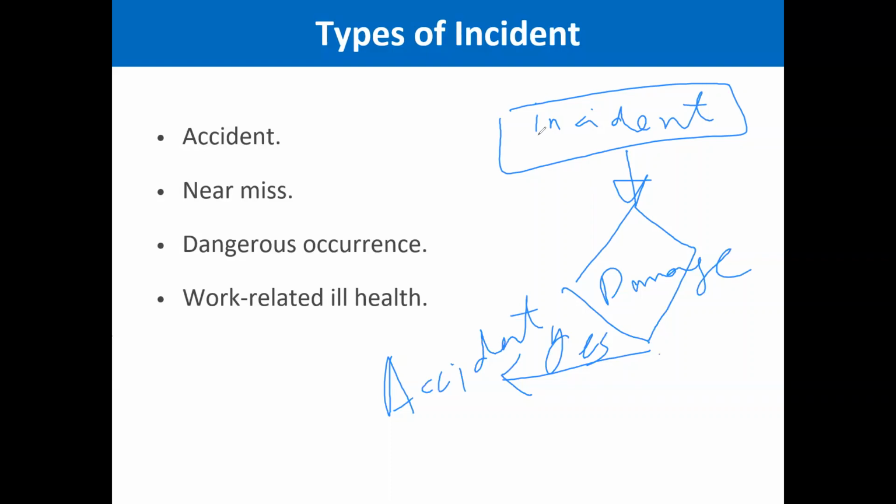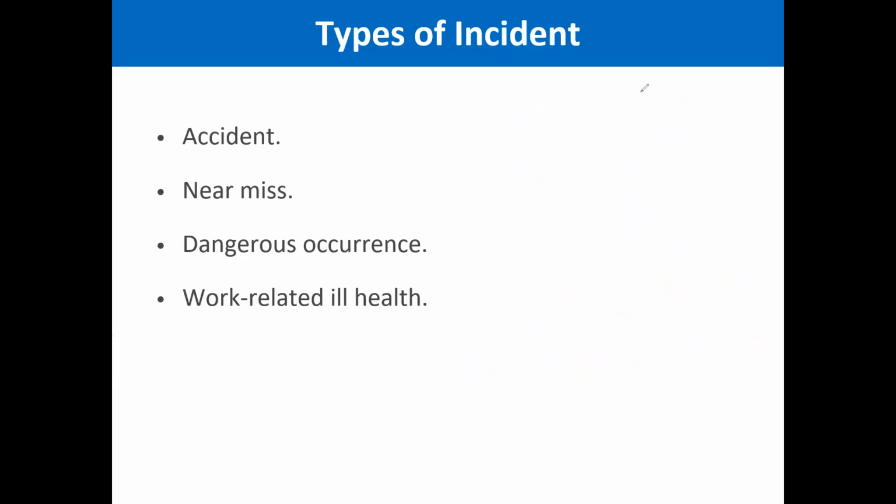If there is no damage, it becomes a near miss. Both of these, accidents and near misses, are types of incidents. If there is any damage after an incident happens, we call it an accident. If there is no damage, we call it a near miss.